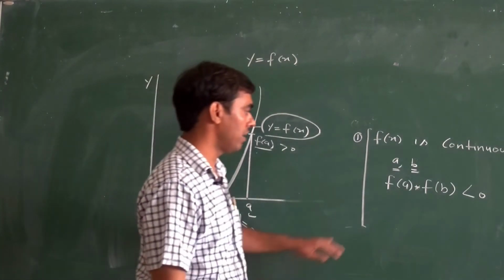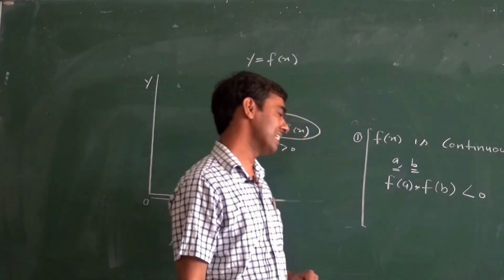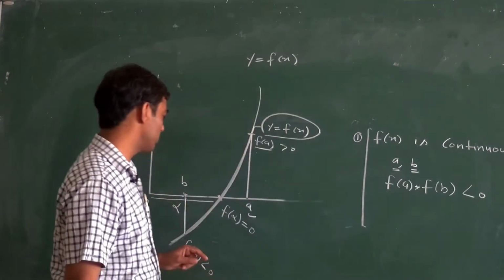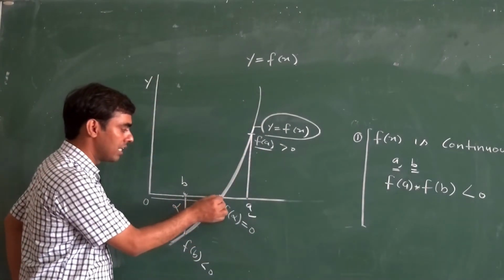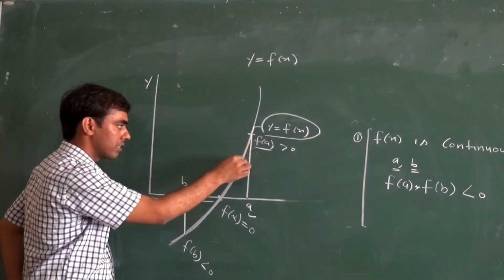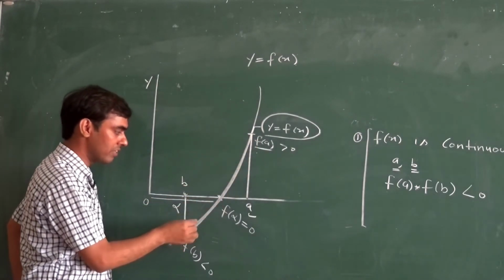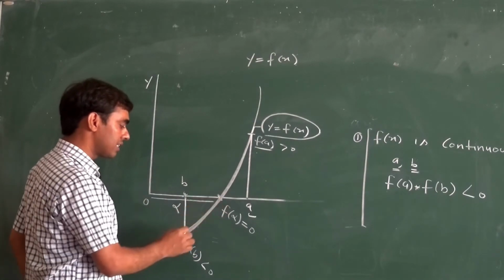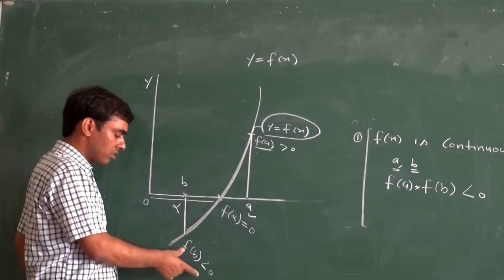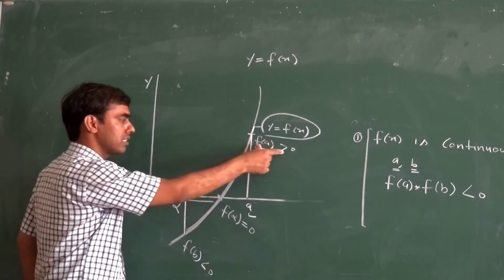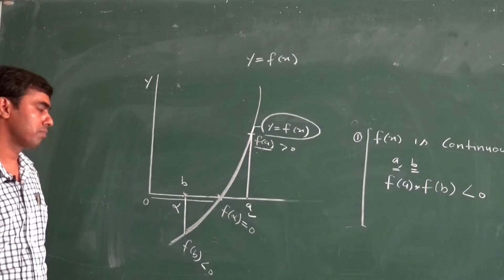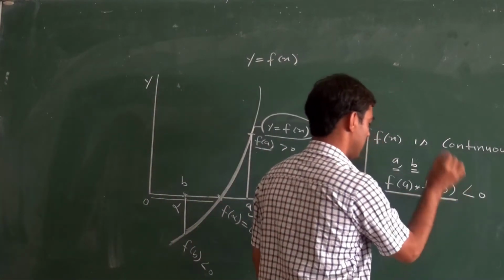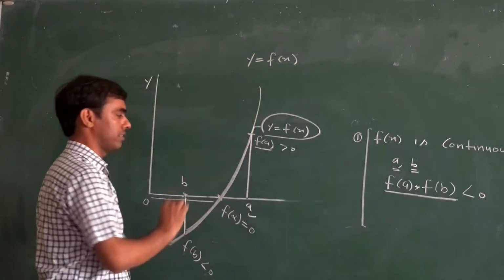Then obviously f of A into f of B is less than 0. If f of A into f of B is less than 0, then this will ensure that the function, the equation, will intersect the x-axis. Because at one point the value of the function is negative, and at another point the value of the function is positive. So this will ensure that the function intersects the x-axis.